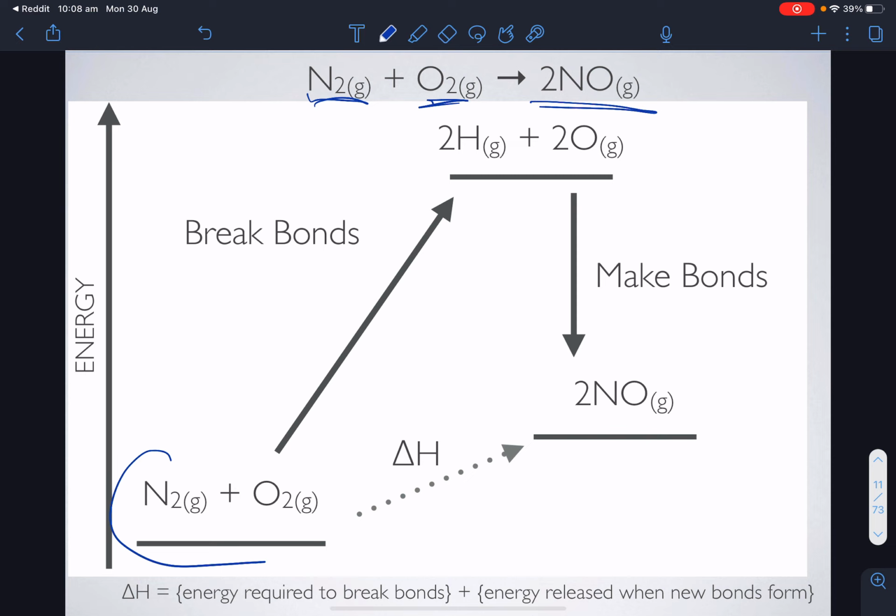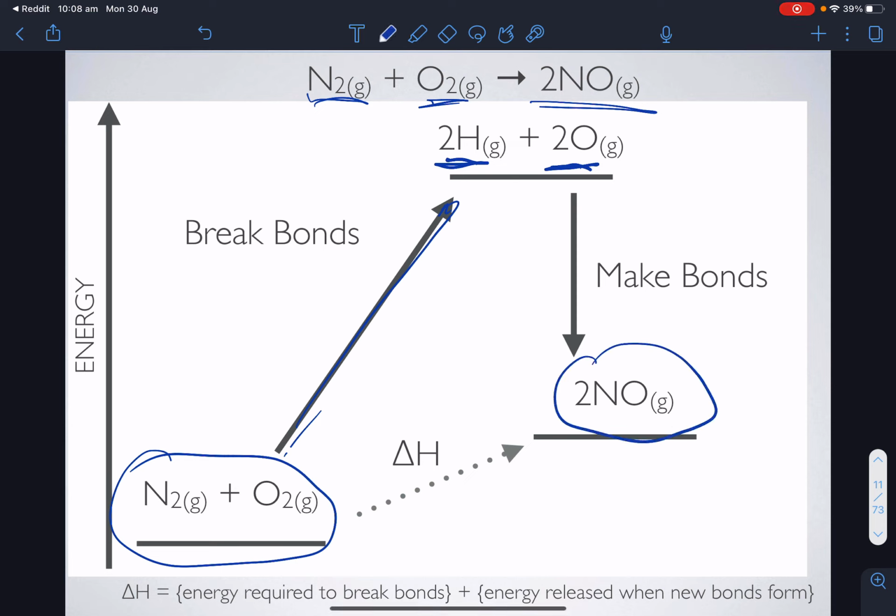So here we're starting off, here's our reactants, N2 and O2, okay? We're putting some energy in to break bonds, and so we've got two nitrogen atoms and two oxygen atoms, and then we're releasing energy in making these bonds into 2NO. And we've got our enthalpy as the difference between where it began and where it started off.